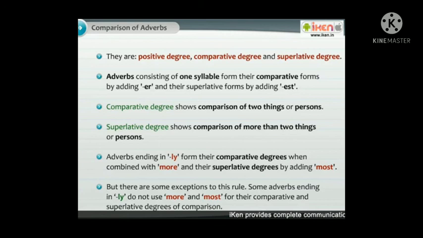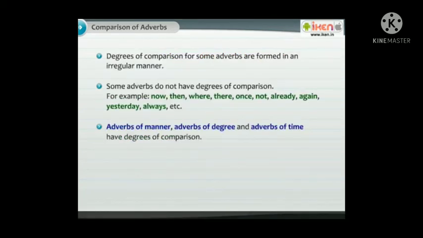But there are some exceptions to this rule. Some adverbs ending in ly do not use more and most for their comparative and superlative degrees of comparison. Degrees of comparison for some adverbs are formed in an irregular manner. Also, some adverbs do not have degrees of comparison, for example, now, then, where, there, once, not, already, again, yesterday, always, etc. Adverbs of manner, adverbs of degree, and adverbs of time have degrees of comparison.